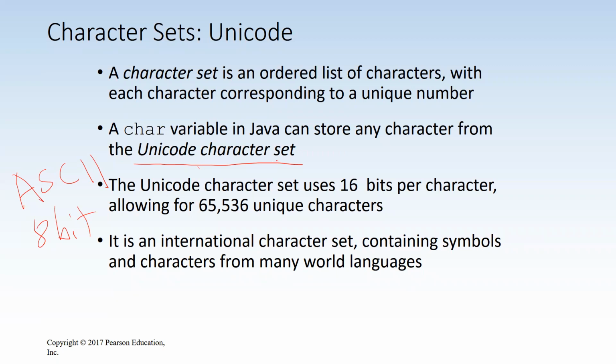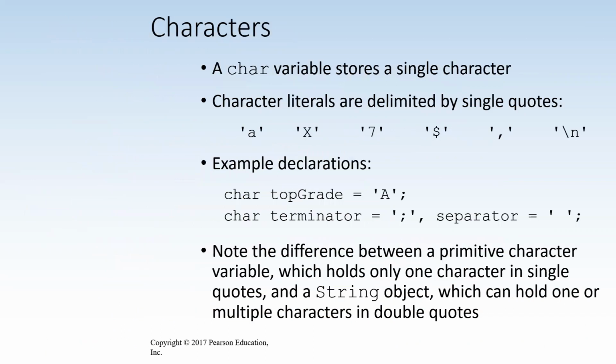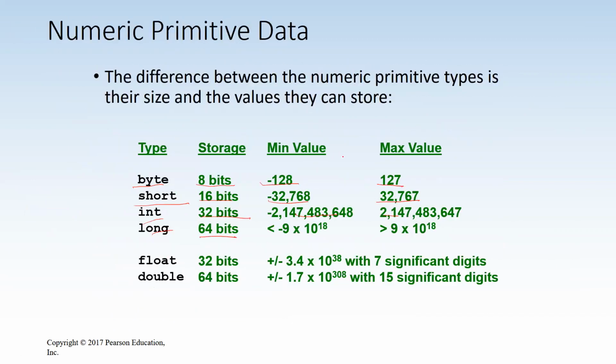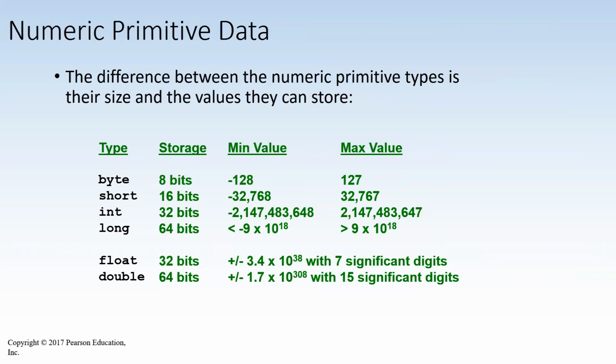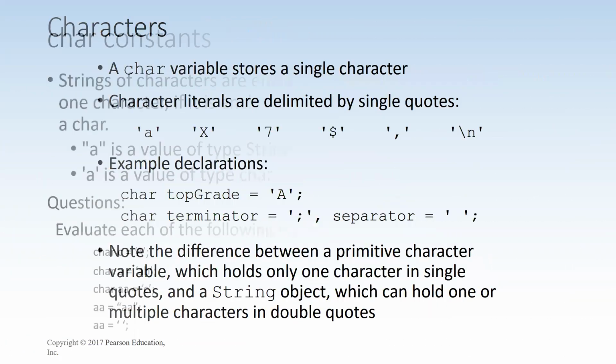Unicode, because 8 bits, you remember what 8 bits can do? This is how many values it can represent. So 8 bits can only represent actually 128 values, 0 to 127.